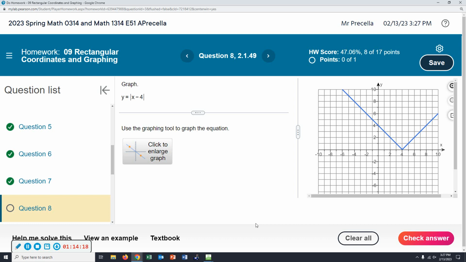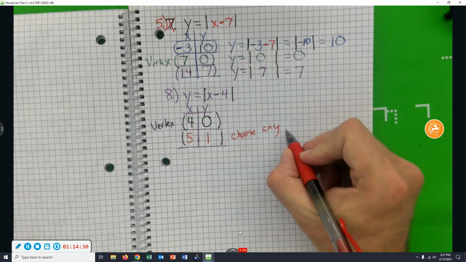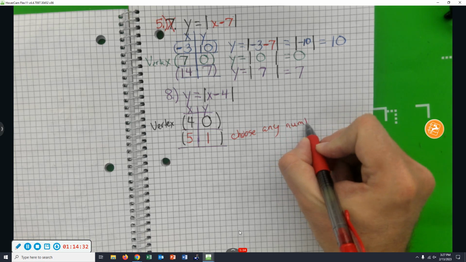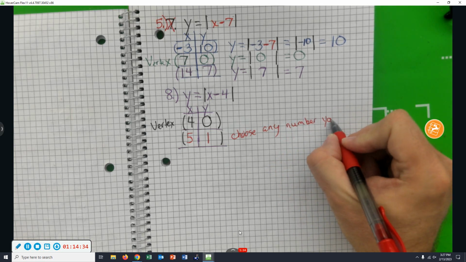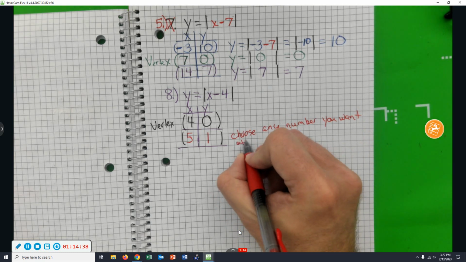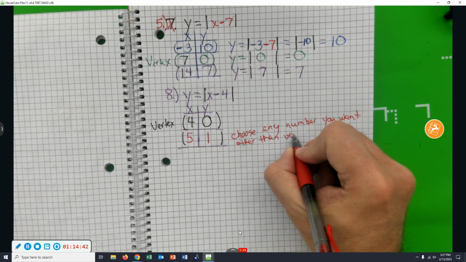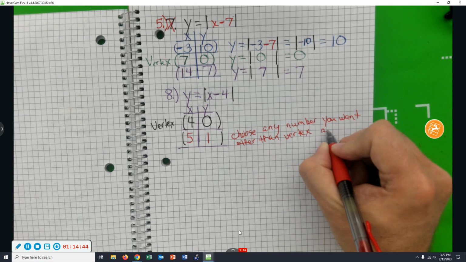So this is just choose any number you want, other than the vertex. Don't use a 4.